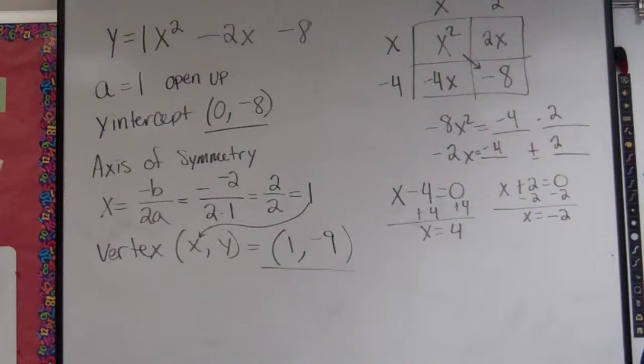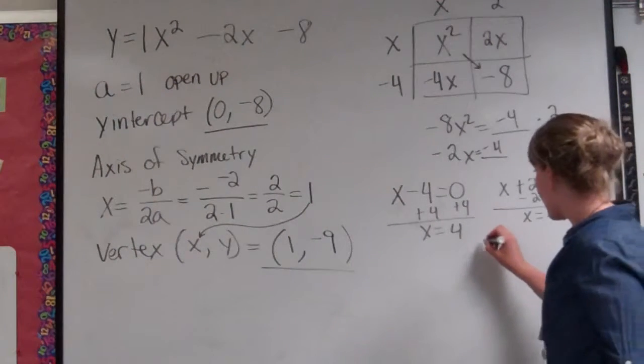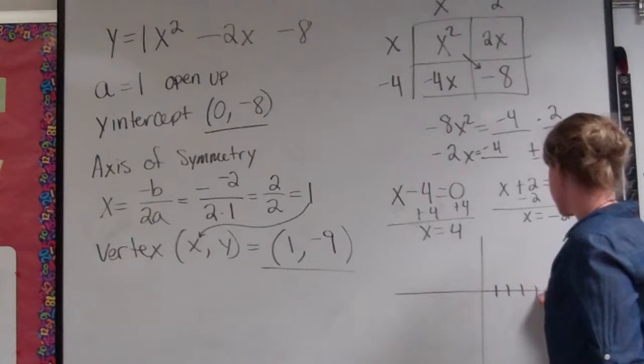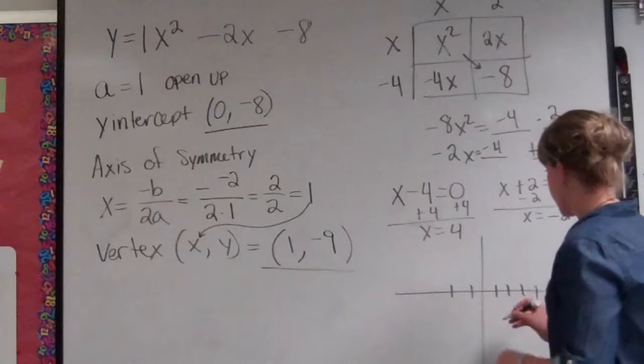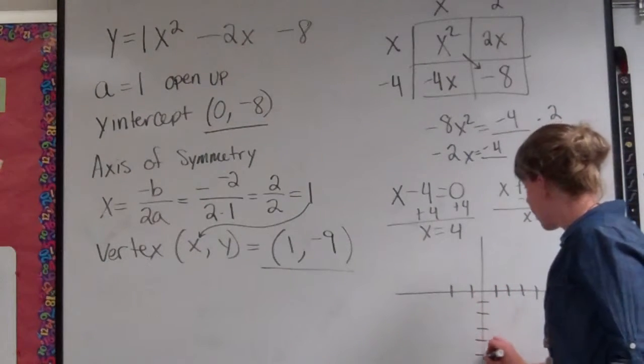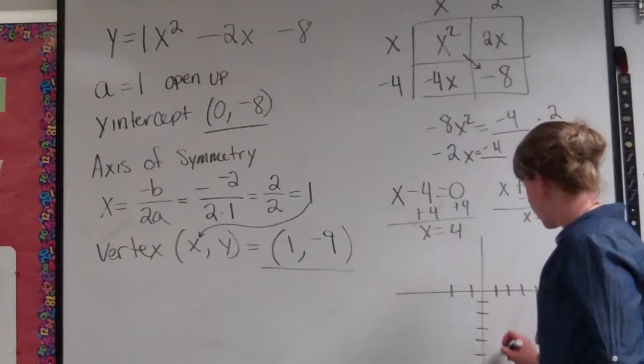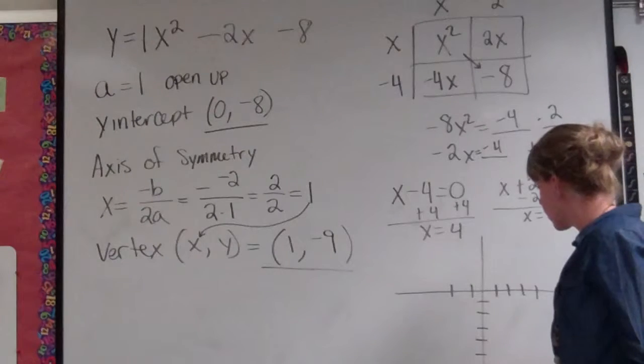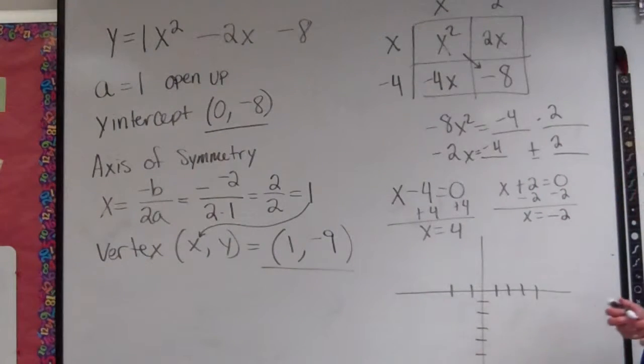So, now that we have all this information, it gives us the ability to draw a very accurate graph of this parabola. So if I go to my axes, we can find our y-intercept.